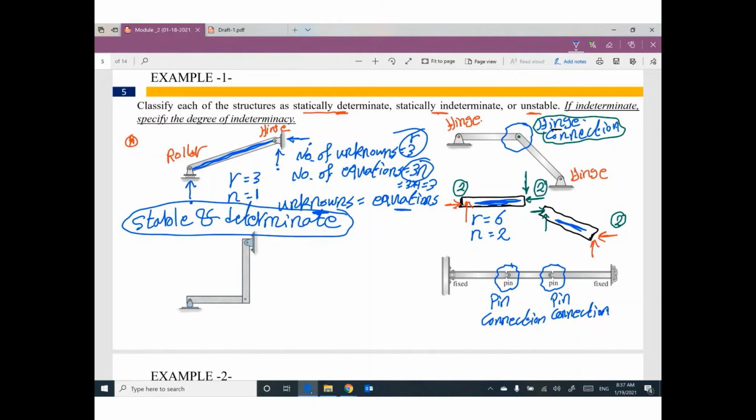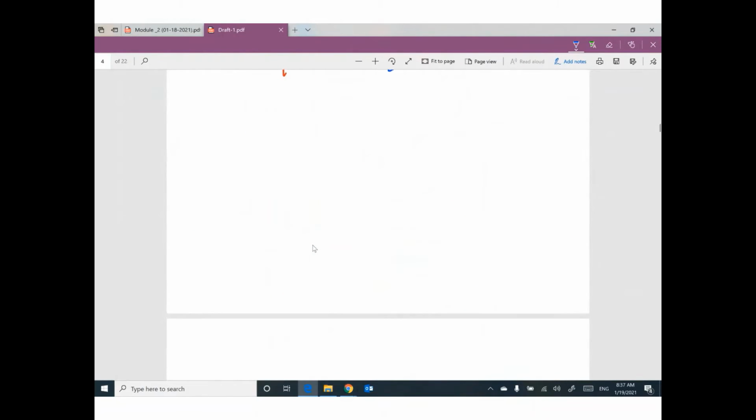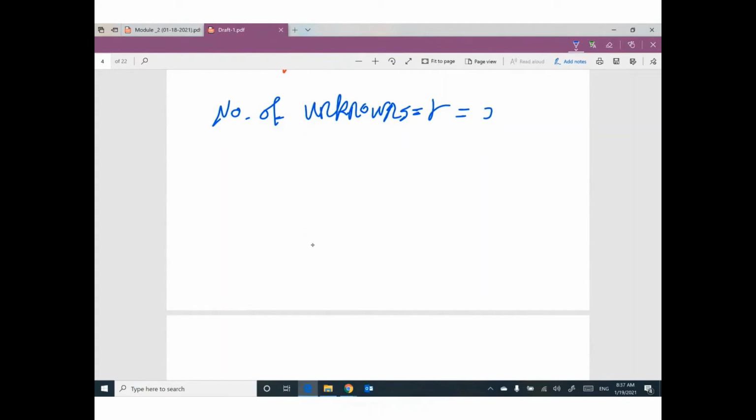So number of unknowns, which is R equal 6. Number of equations, which is 3n equal 3 times 2 equal 6.